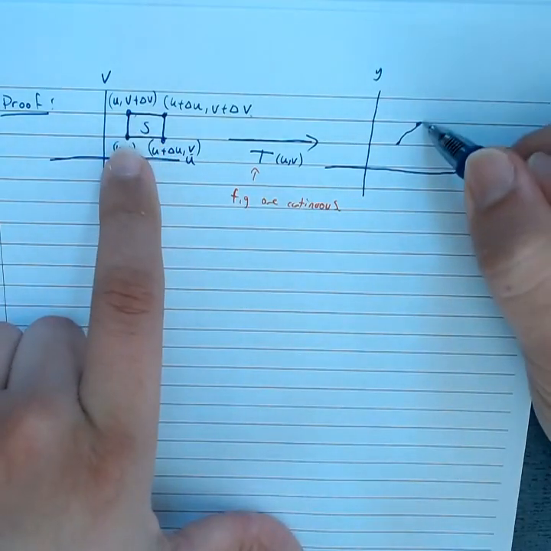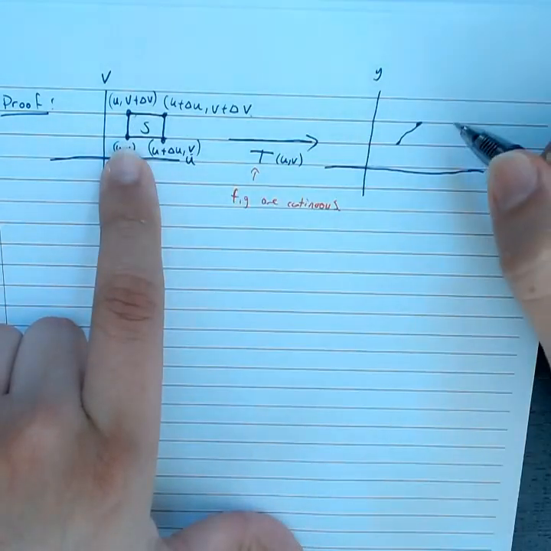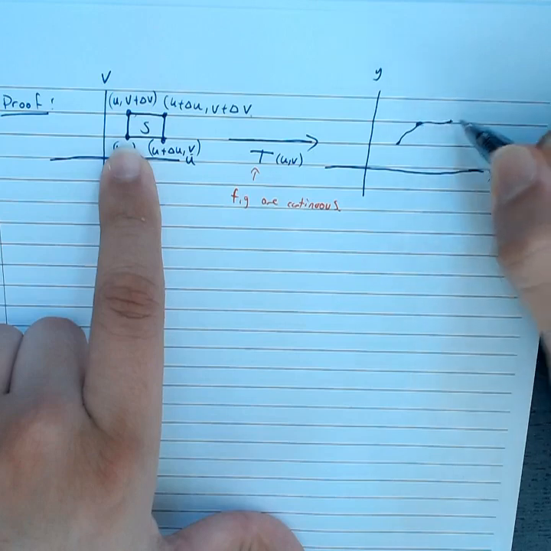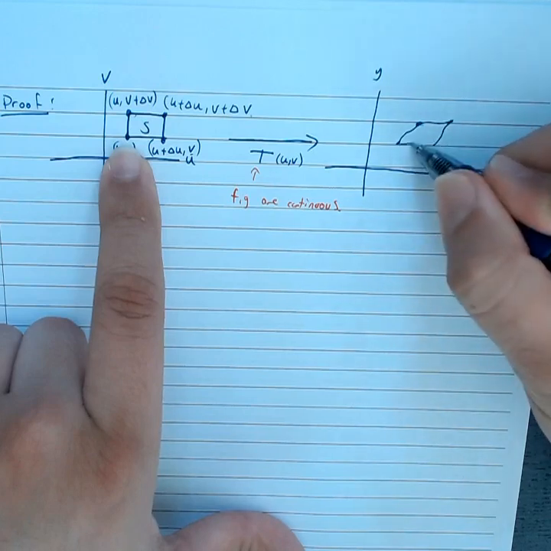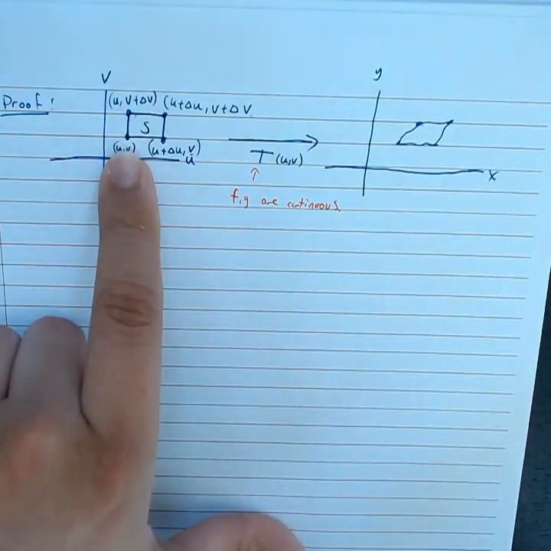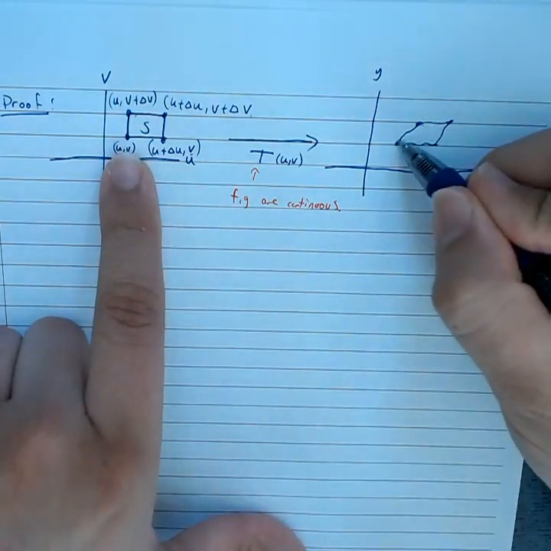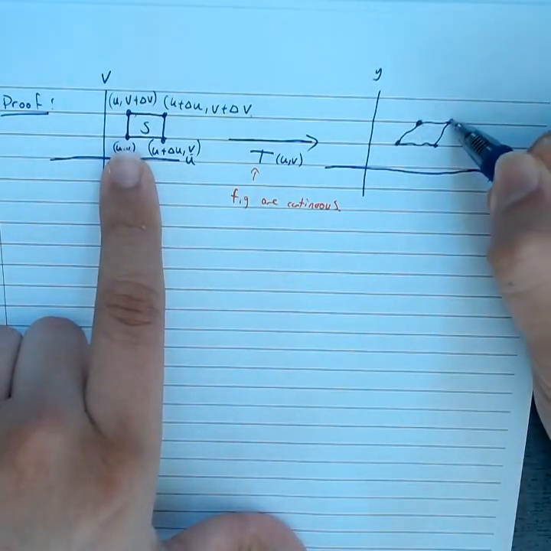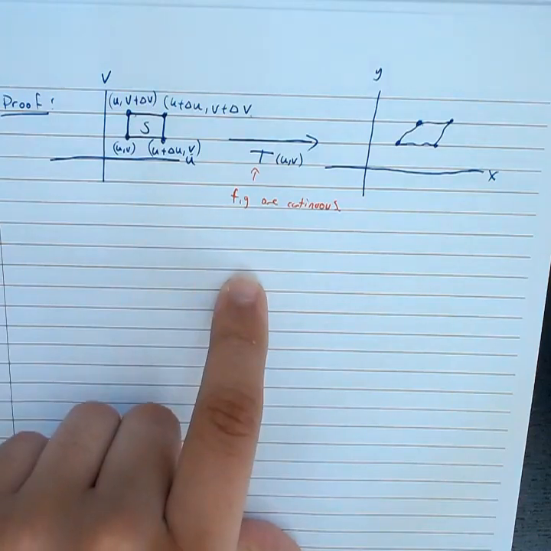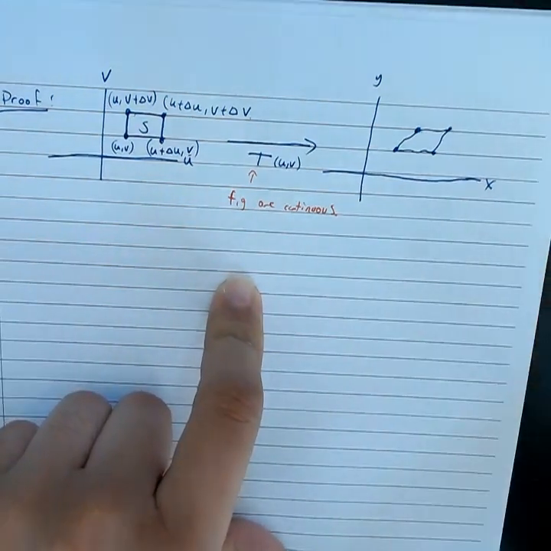Here, these four points are going to change to something that is not terribly far away from being a parallelogram. Now, this may or may not be a parallelogram, but it's not terribly far away from being one. So let's approximate this.